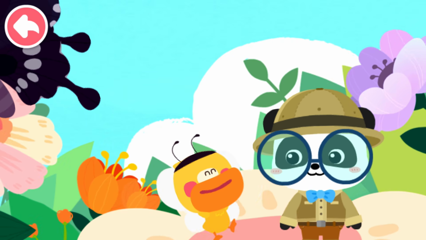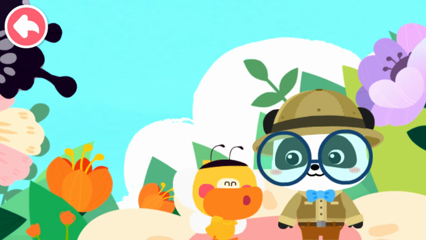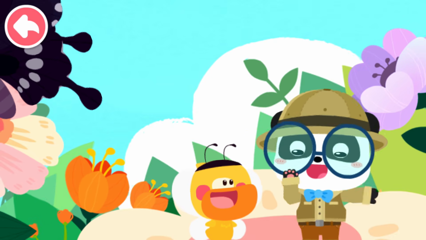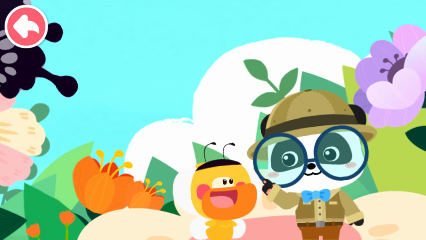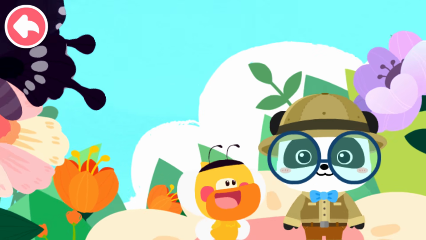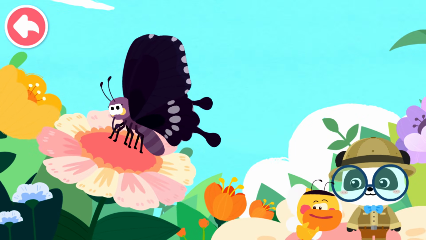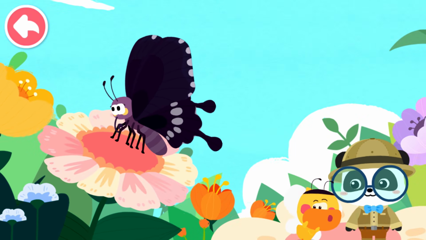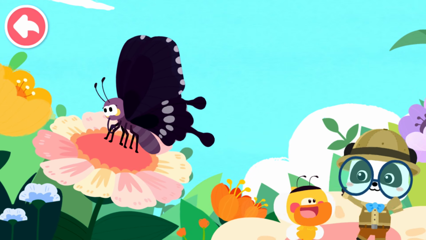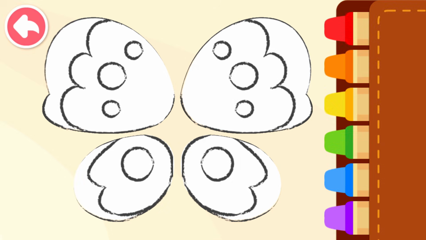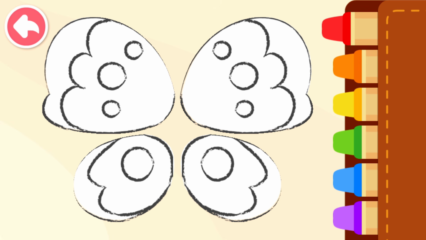Look, Kiki! I am a beautiful butterfly! Quacky, is there something missing on your wings? Got it! There are pretty patterns on the wings of a butterfly. You're right! Kids, let's help Quacky draw pretty patterns.